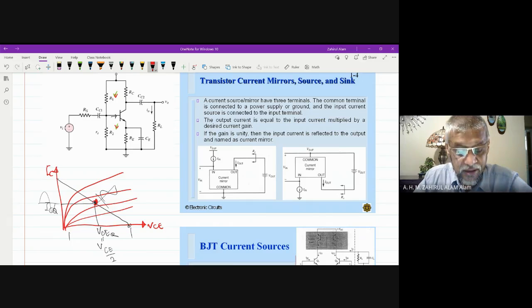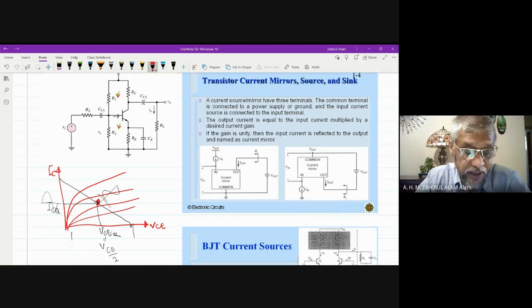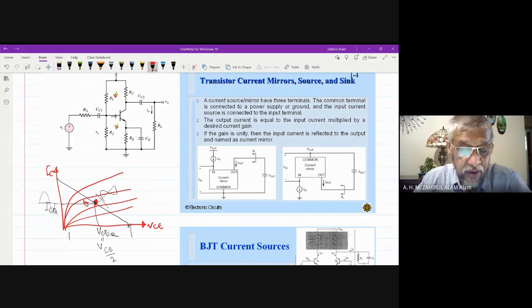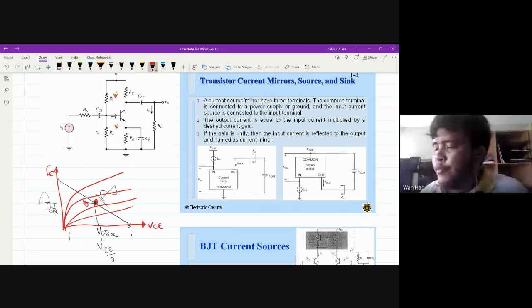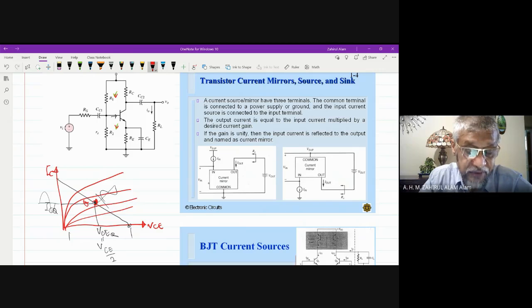However, for bias stability, when the temperature varies, or with any power supply variation, the Q point may shift. In order to reduce the shift, we introduce the emitter resistance.